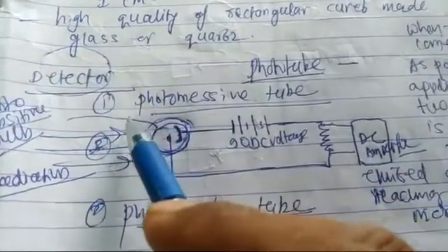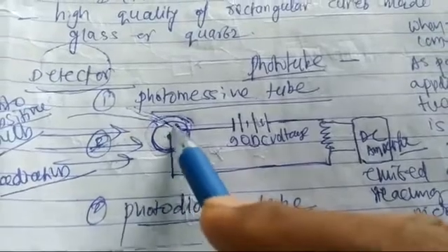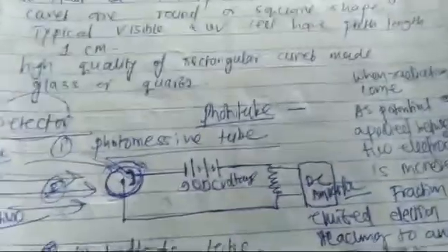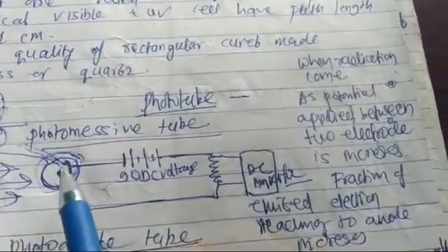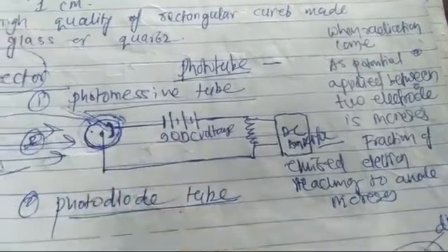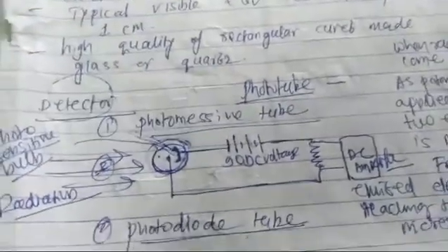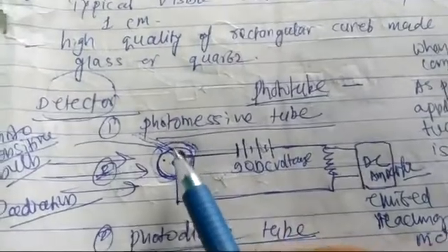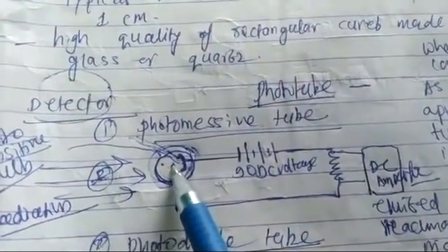If the radiation comes and bombards this electrode, then by the radiation and the electrons there is a fluctuation of voltage.